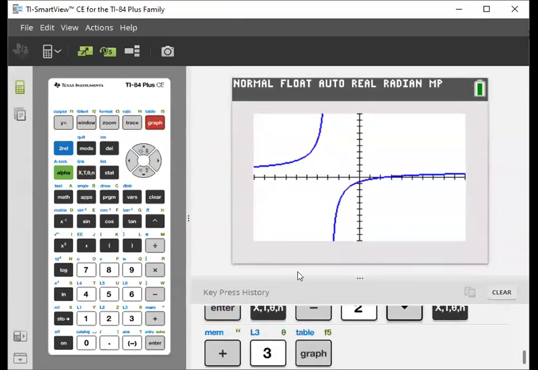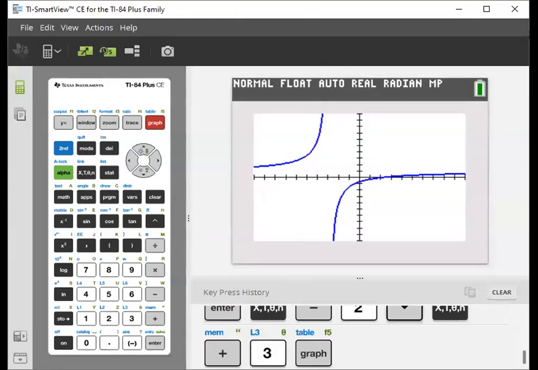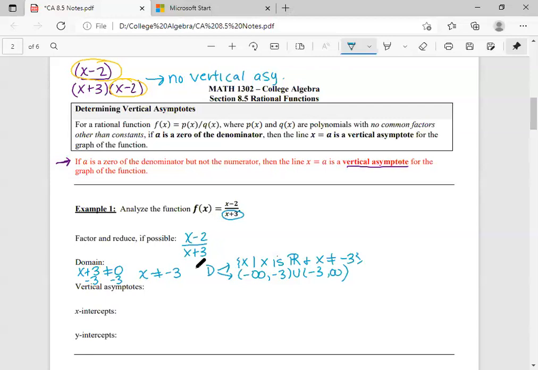And if you look at this graph, you do see that there is something going on right here at negative 3. You could draw a vertical line. There's a vertical asymptote there. There's a problem on the graph there. So we can verify, yeah, we do have our vertical asymptote where our zero is, and we've said that that's where your problem is in the domain. So we do have a vertical asymptote at x equals negative 3. It's that easy.